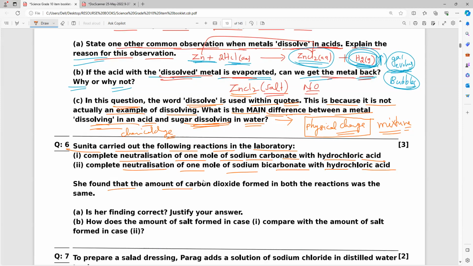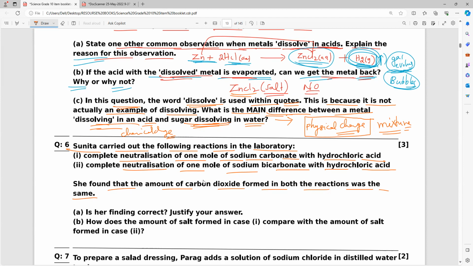She found that the amount of carbon dioxide formed in both reactions was the same. This equation is very popular. Even while you were studying, you might remember we have done that equation, and I have mentioned that on reacting acid with a metal carbonate or bicarbonate, the number of moles of carbon dioxide remains the same.